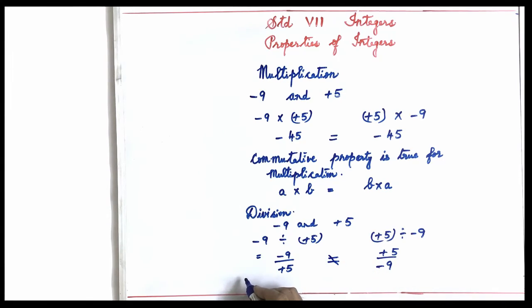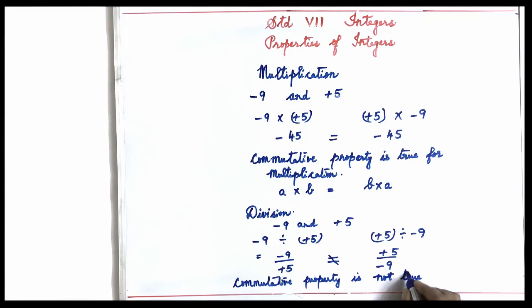So division, commutative property is not true for division. So this we will write A divided by B not equal to B divided by A.